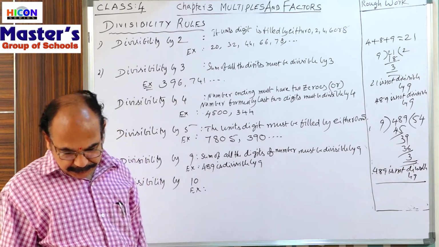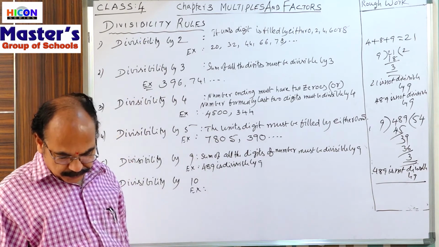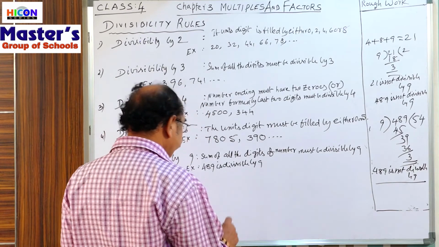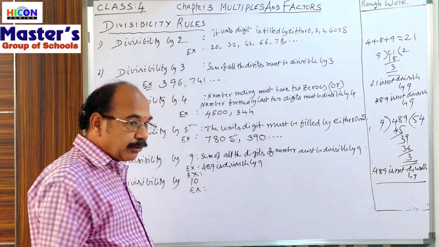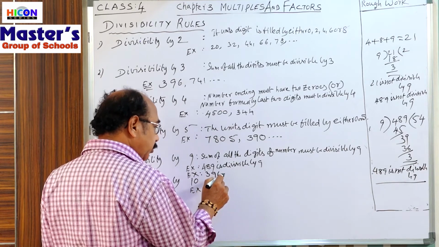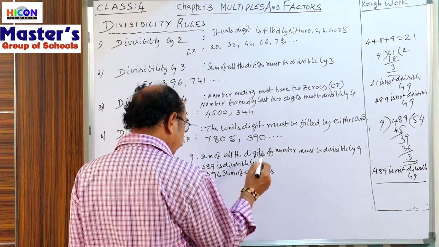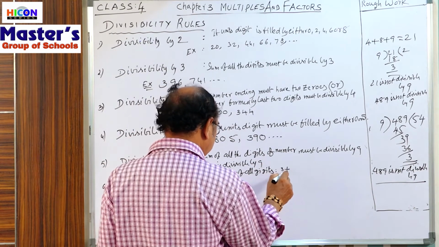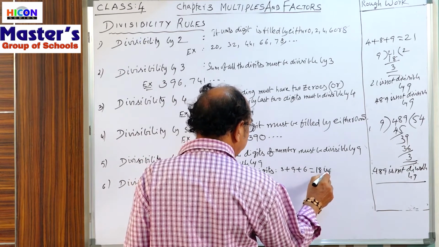One more example, children. Take 396. What is the sum of all the digits here? 3 plus 9 plus 6. 3 plus 9 is 12, 12 plus 6 is 18. 18 is divisible by 9.